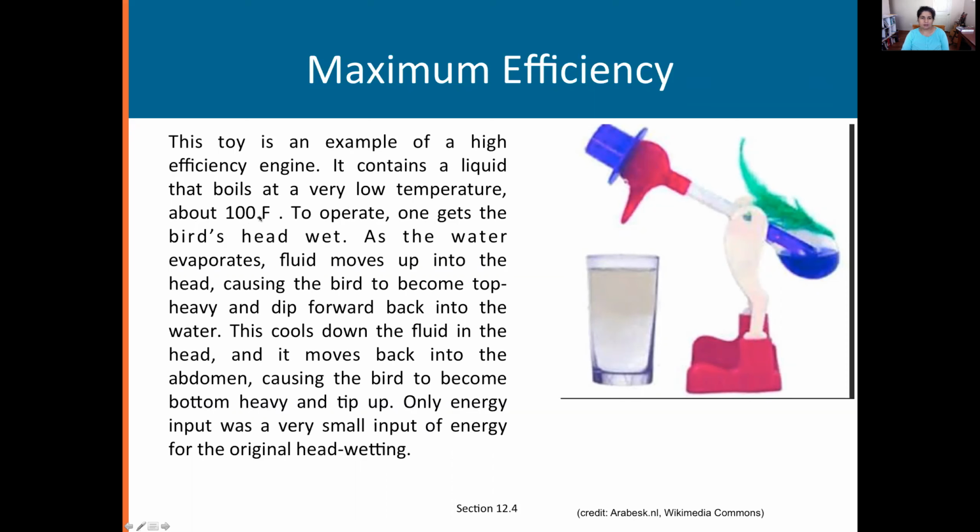And what happens is it produces its own vapor at low temperature. So you start off by dipping this in the water. Once it dips, the vapor cools and goes back down. This part becomes heavy. The bird lifts. Then it goes back up because this evaporates again. And the gas comes in here.